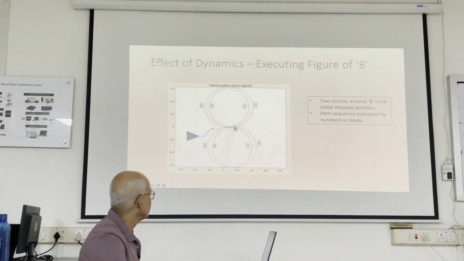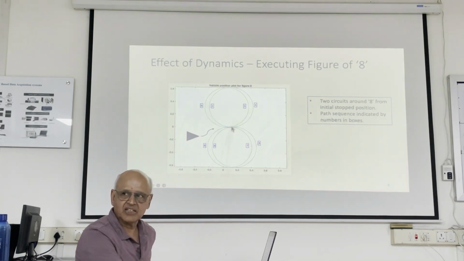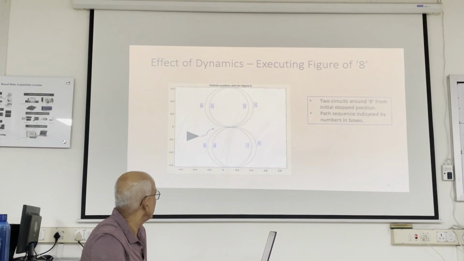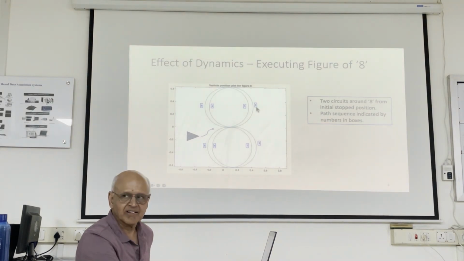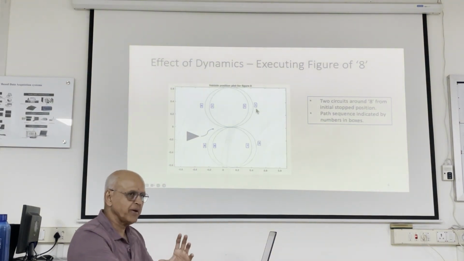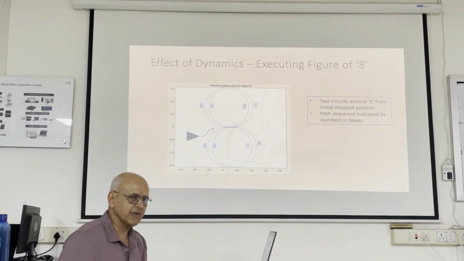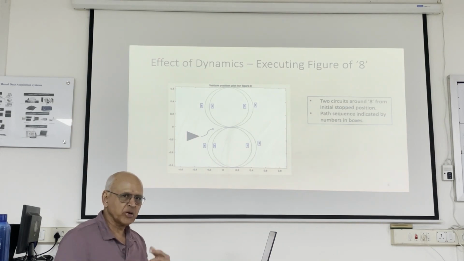Now notice when it's initially stopped here, V and omega are 0. So if you want it to be on this circle, then you have to tell it V and omega, right? But it's at 0, 0. So 0, 0 is not going to immediately become V and omega. There's going to be the acceleration phase.